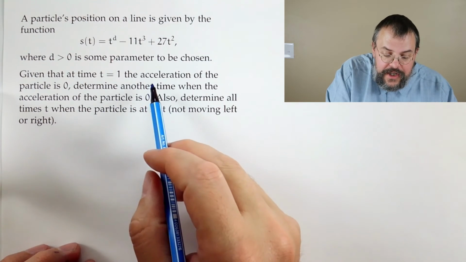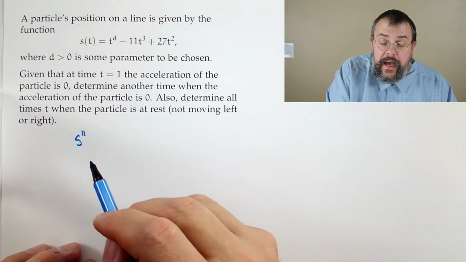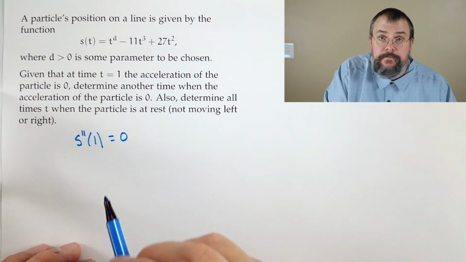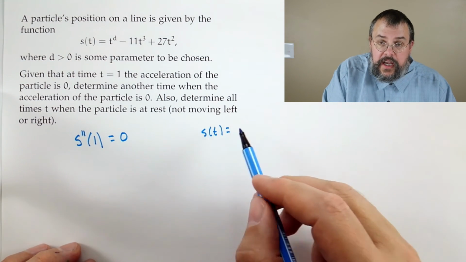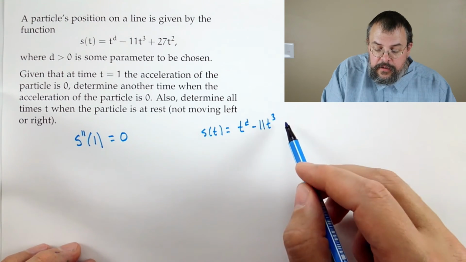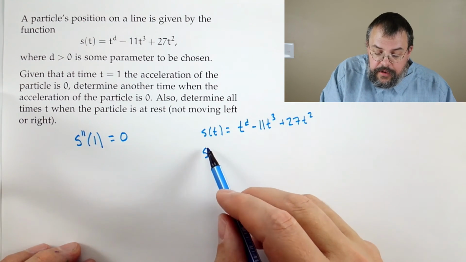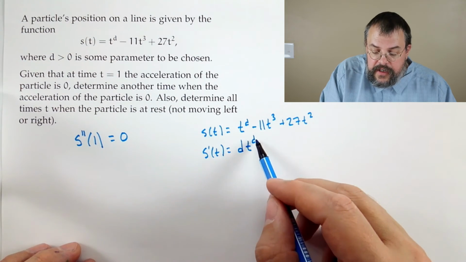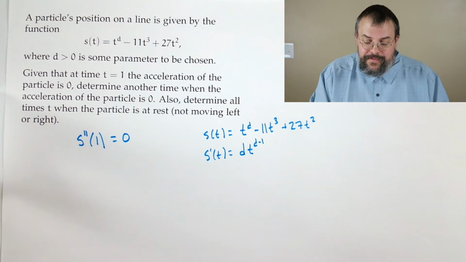So, we know at time 1 the acceleration is 0. So acceleration is s double prime, and at time 1, meaning plug in 1, it equals 0. So what do we do? We start with s, and we start taking some derivatives. t to the d minus 11t cubed plus 27t squared. So s prime of t would be d times t to the power d minus 1. I don't know what d is, but the rule always applies. Follow the rule.